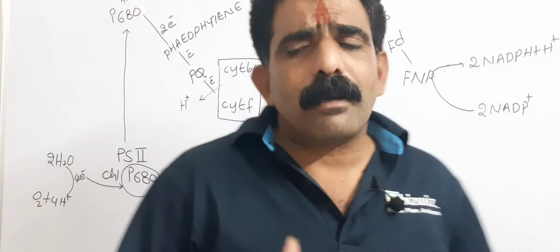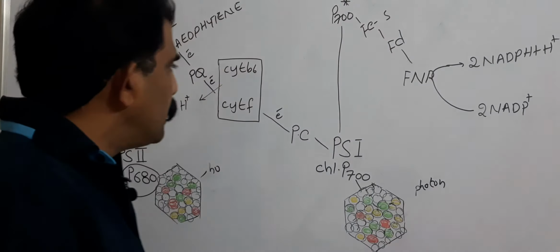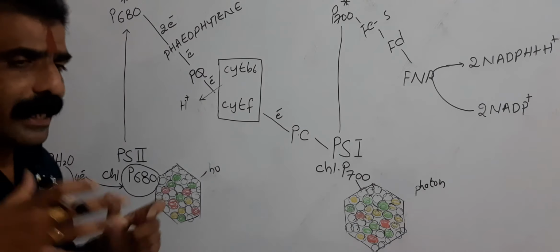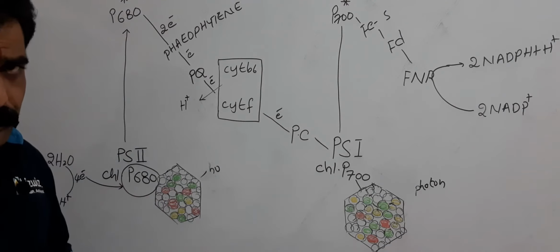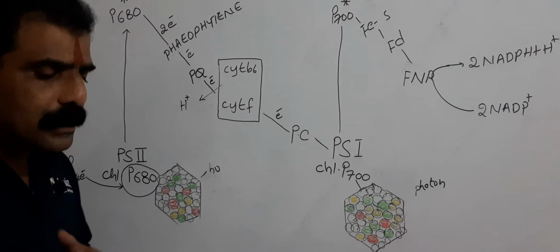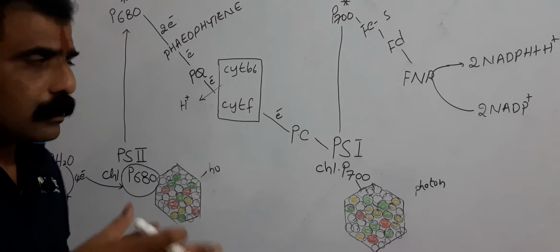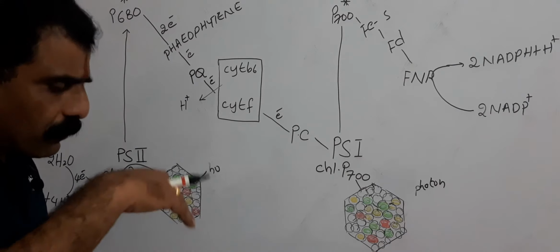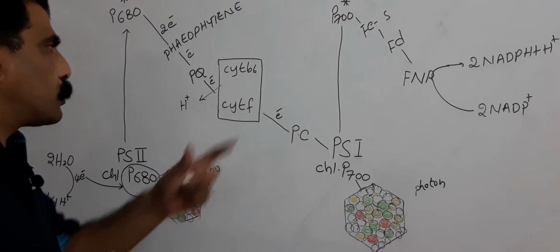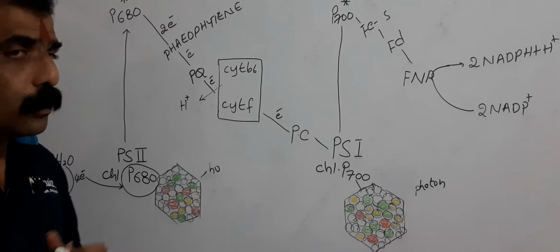During the transfer of the electrons to the cytochrome B6F complex, the quinone cycle takes place. Plastoquinone first initially gets reduced to semi-plastoquinone or plastosemiquinone. Later, it further gets protons from the stroma and is completely reduced to PQH2, plastoquinol.